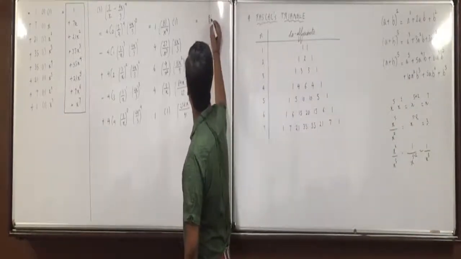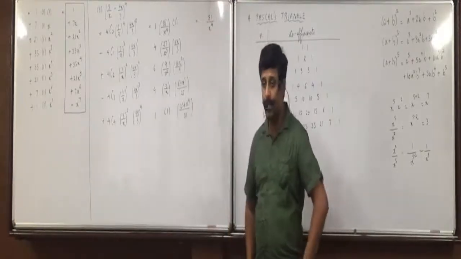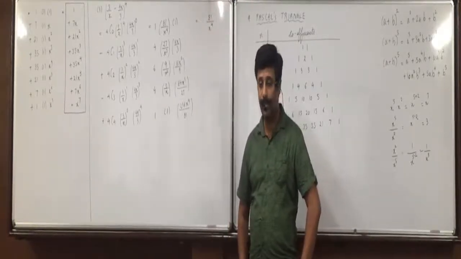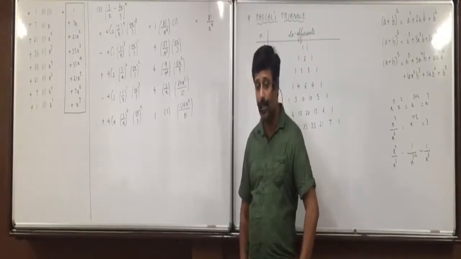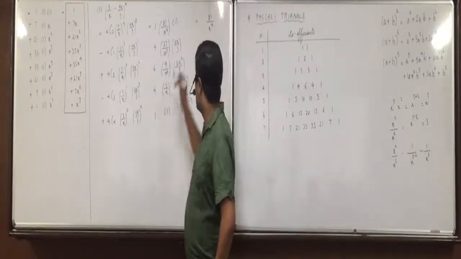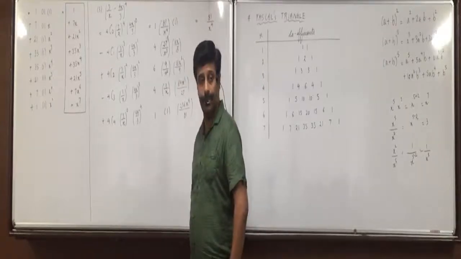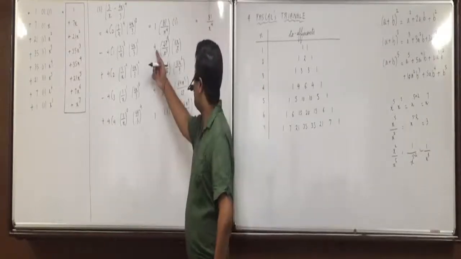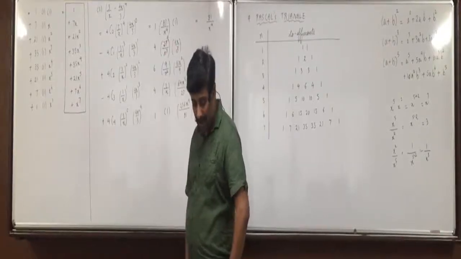So now see this carefully. The first one will remain 81 upon x raised to 4 itself. Write down: 1 into 81 upon x raised to 4 into 1 is 81 upon x raised to 4. Now see this second one. 3 into 9, 27. 4 into 9, 36 into 4, 144. 4 into 9 into 4.